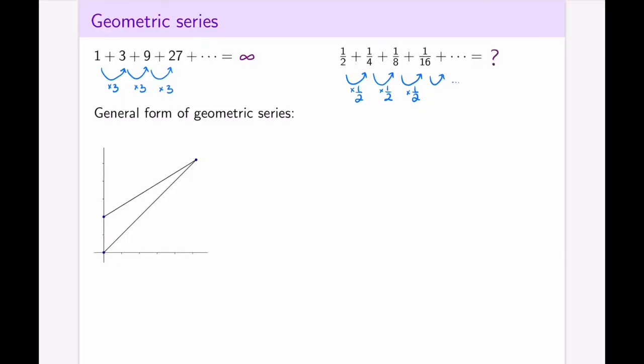The most standard way, the geometric series, which is just another way to say sum, can be written as 1 plus r plus r squared plus r cubed, and so on, where r stands for ratio, and that is the common number that you multiply each term by to get the next one.